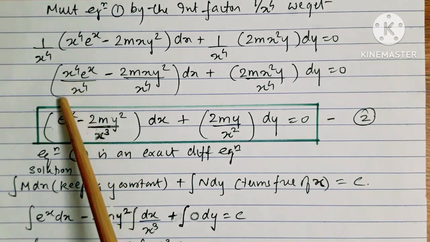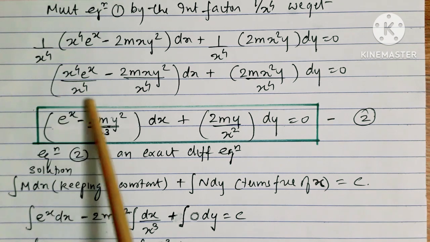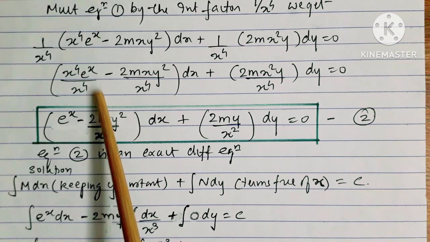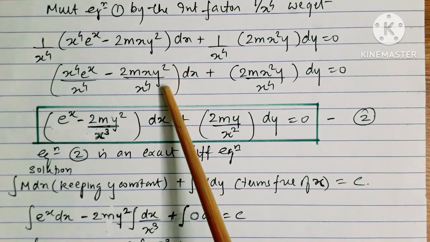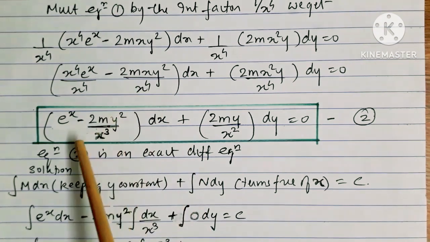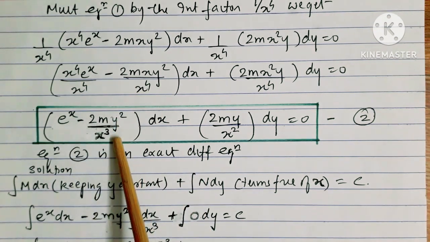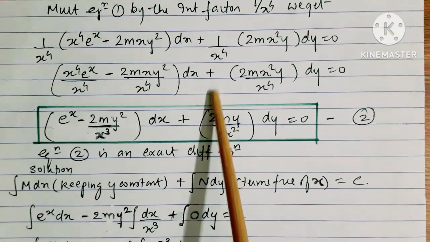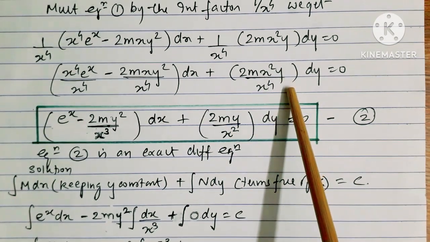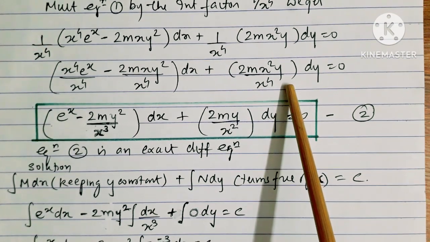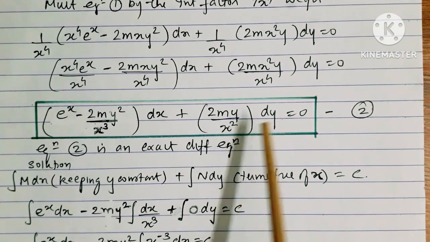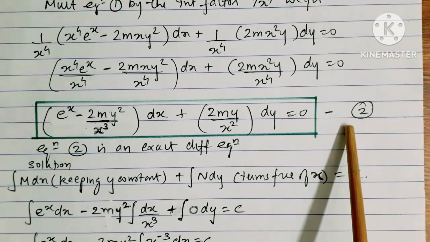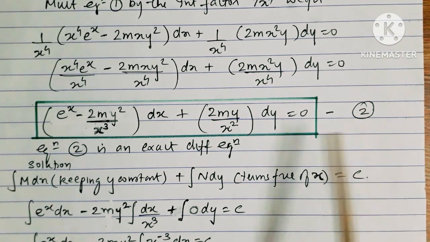Now, x raised to 4 will cancel out in the numerator and denominator, and what would be left is e raised to x minus, here x will cancel out in the numerator and the denominator, and what would be left behind is minus 2m y square upon x cube dx plus, here x square would cancel out in the numerator and the denominator, and what would be left behind would be 2m y upon x square dy is equal to 0. And let us call this equation 2.